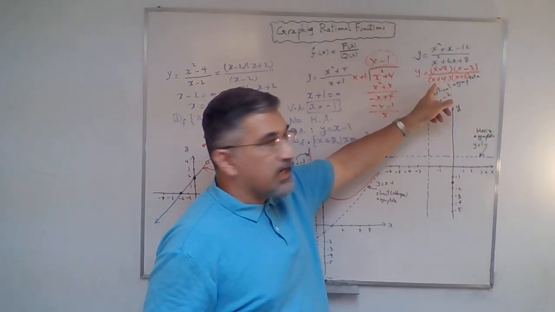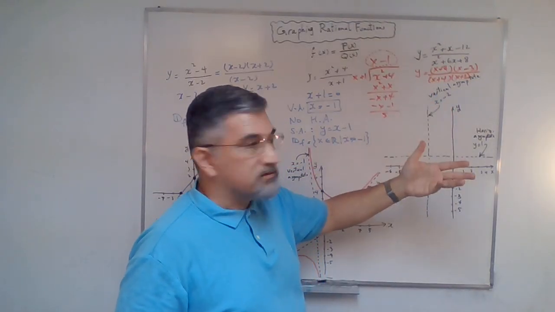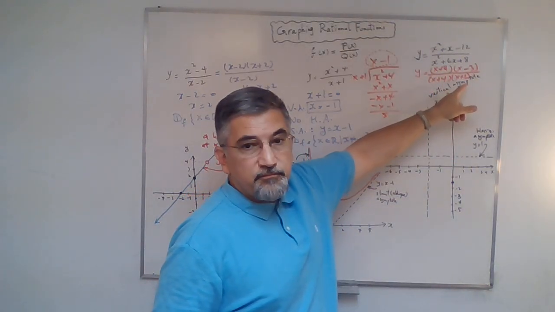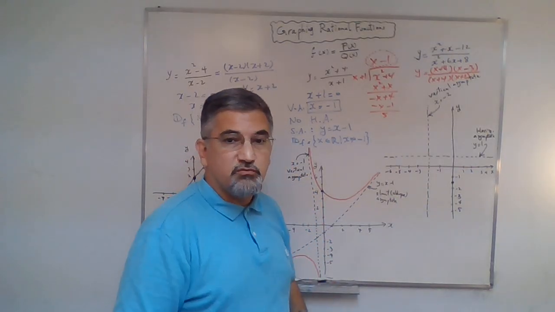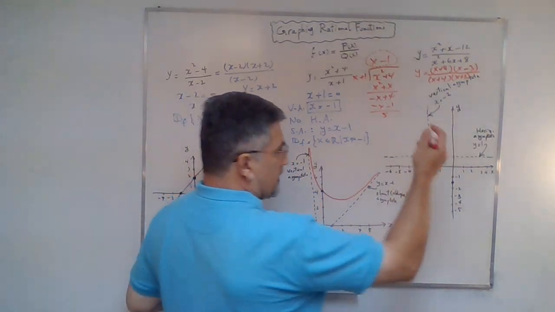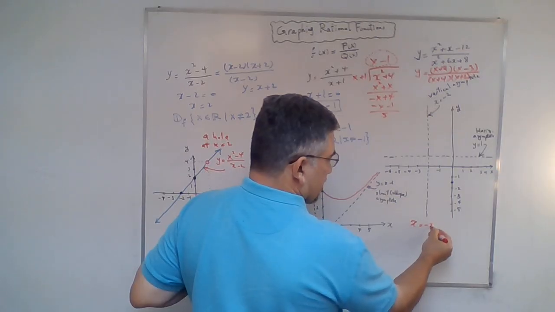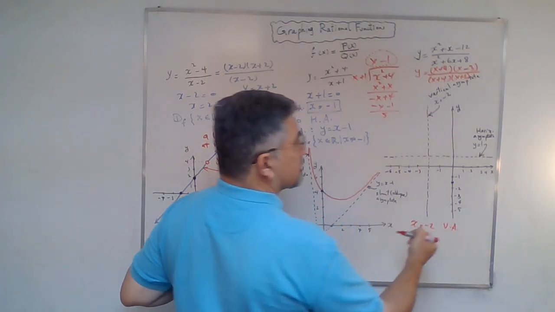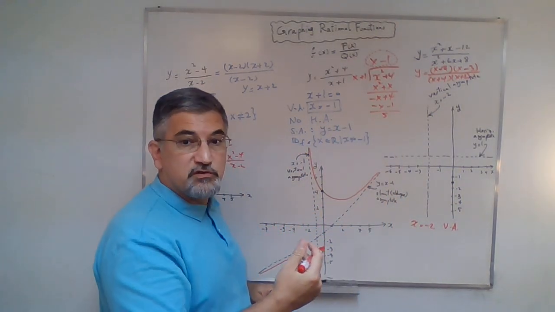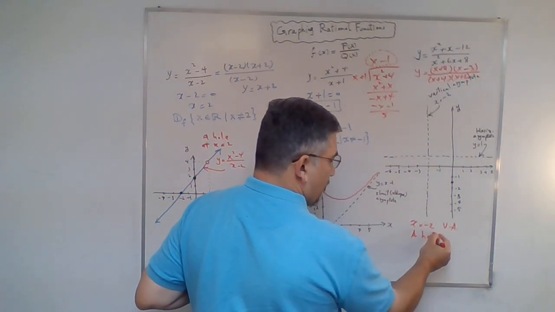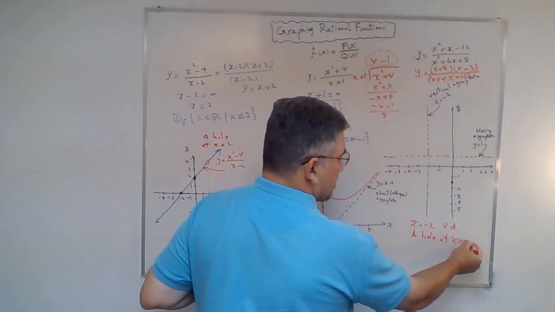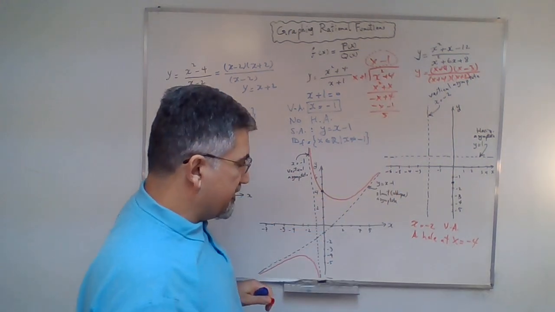And we cannot say x equals -4 is a vertical asymptote. But the other factor, x plus 2, will give us x equals -2 as the equation of the vertical asymptote. So here I can say x equals -2 is the equation of the vertical asymptote, because that's one of the roots of the denominator. And then I would say we have a hole at x equals -4, okay?